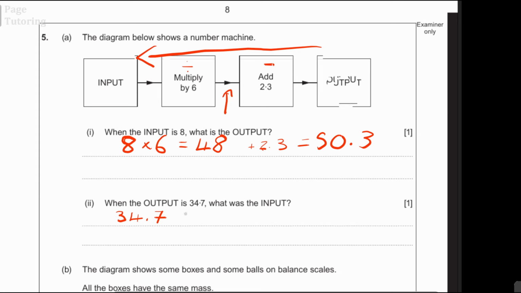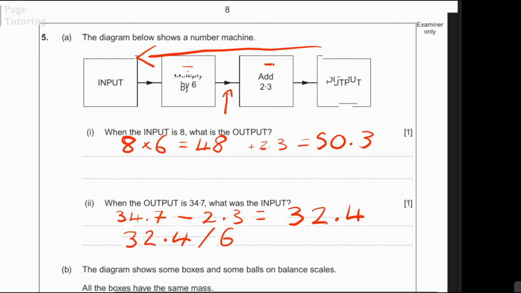So starting with your output, first we're going to take away 2.3. So that gives us, always use your calculator if you don't know, 32.4. So next, it says multiplied by 6, we're going to divide 32.4 by 6.